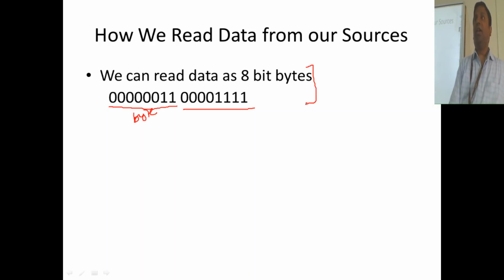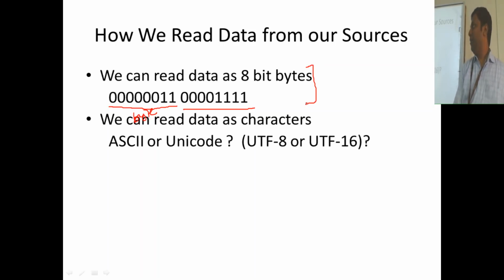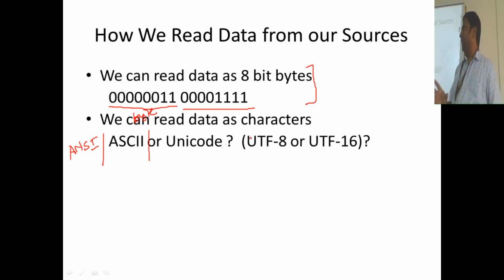Another way of reading is we can read data as characters. What do you mean by characters? It can be ASCII standard or Unicode characters. What do you mean by a character? A character is nothing but a sequence of bytes encoded to some symbol, right? Say for instance, I have this ASCII chart.